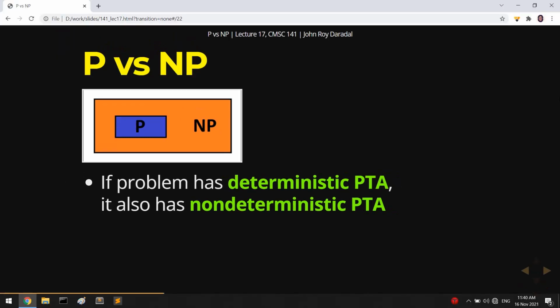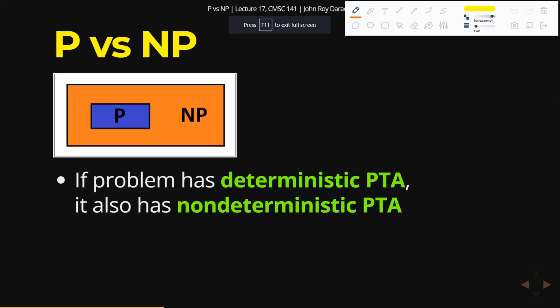Because if you remember from our earlier equivalence, like from DFA to NFA, the conversion from deterministic to non-deterministic is easy, because if you have one transition in a DFA, then the choice of transitions for the NFA is easy.